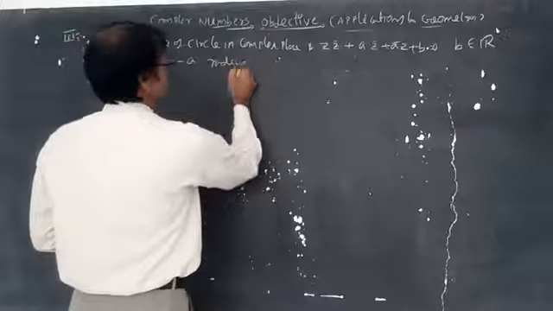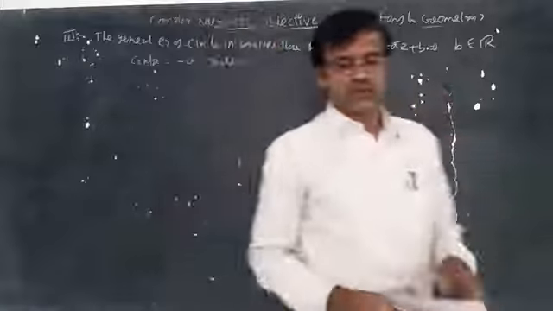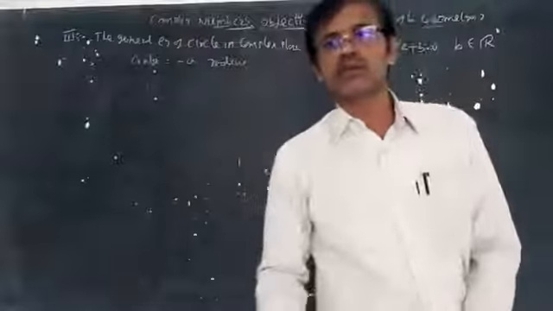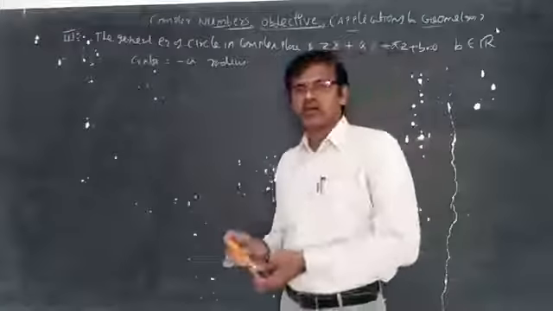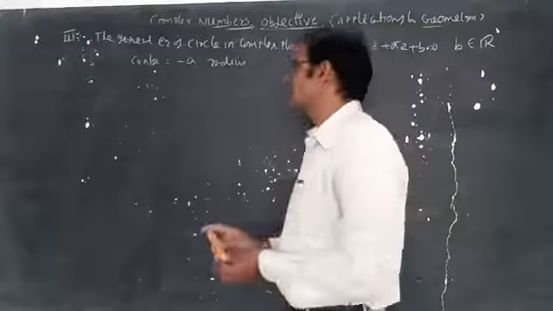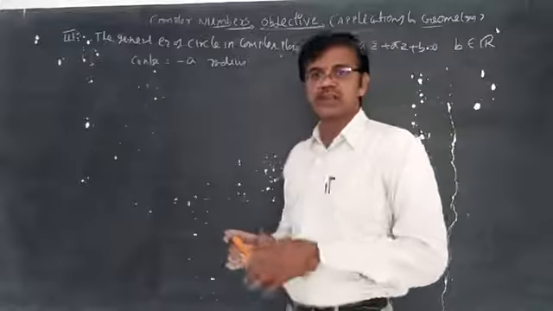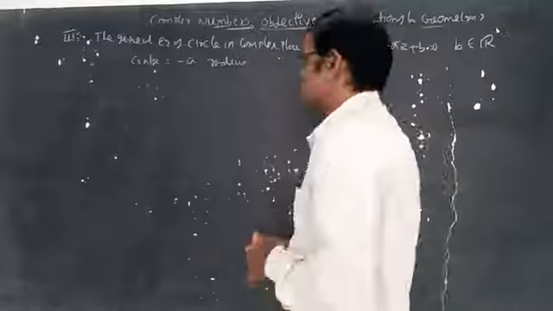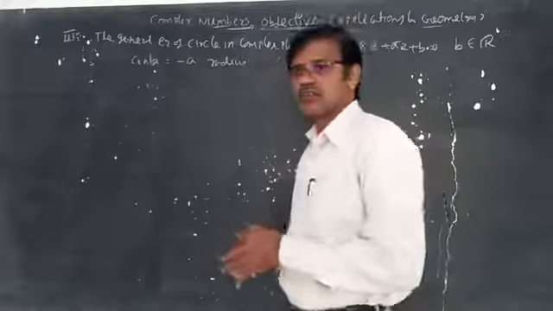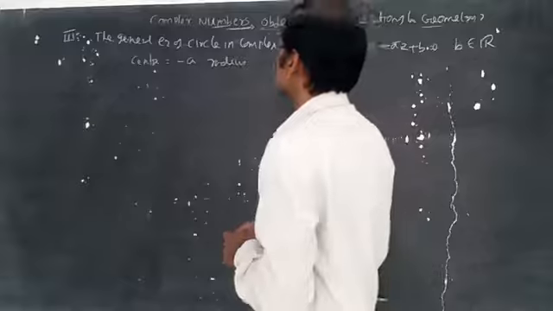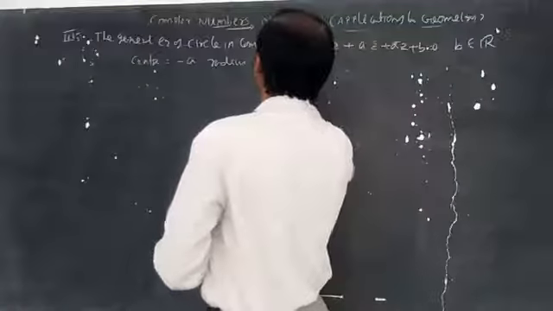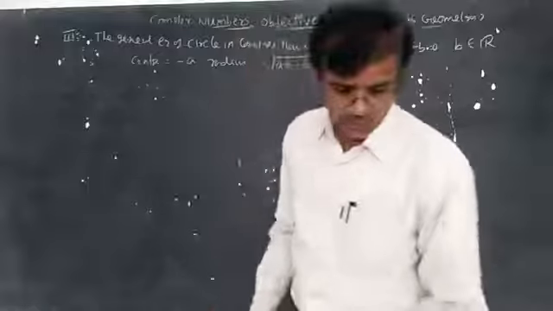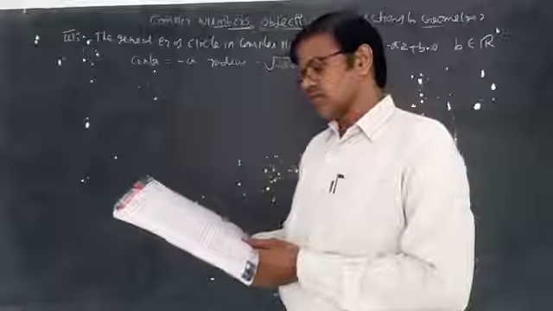Students, you can understand that a is not simply a number, it is also a complex number. This circle depends upon the complex number. In the complex plane, whatever circle we learned in the Cartesian coordinate system is converted into the complex number system. So the center is equal to minus a and the radius is equal to root of a a bar minus b.